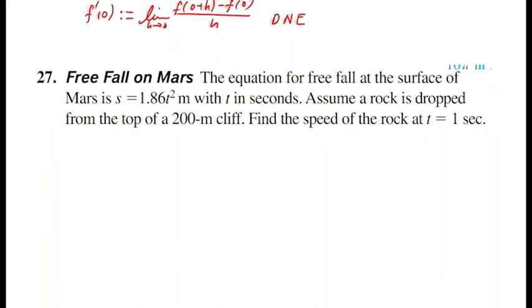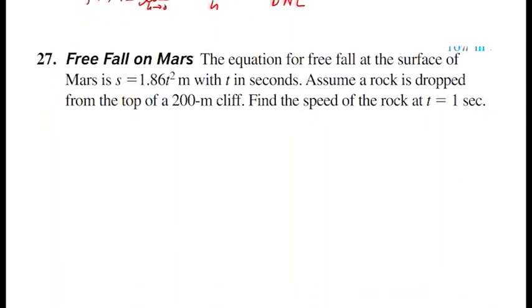Okay, well then we'll do this one, and we are just finding a derivative at the point 1 with the alternative definition, correct? So let's do it. We'll say s prime of 1 is the same as the limit as t approaches 1, alternative, right?